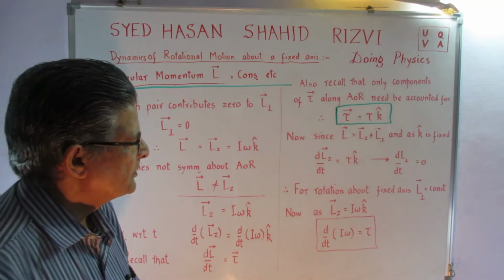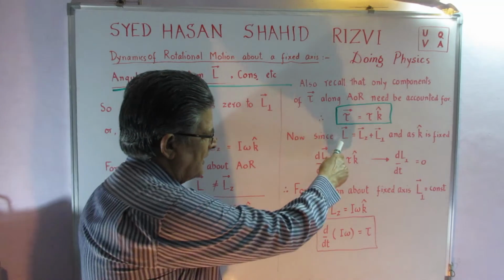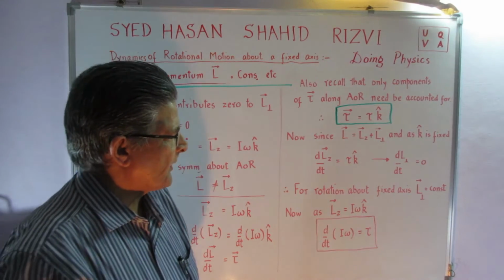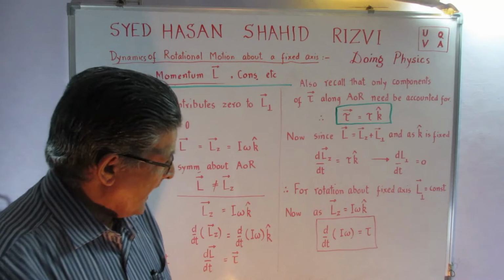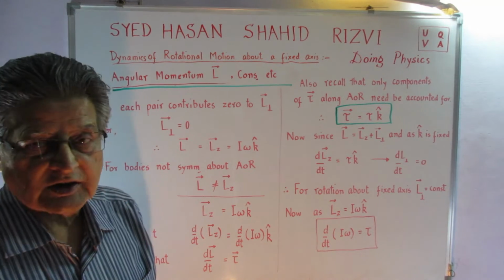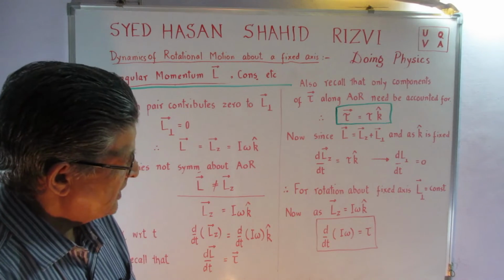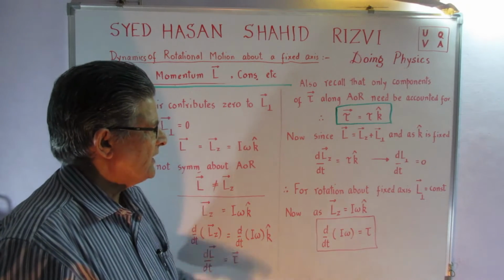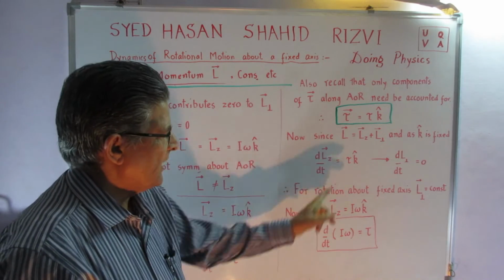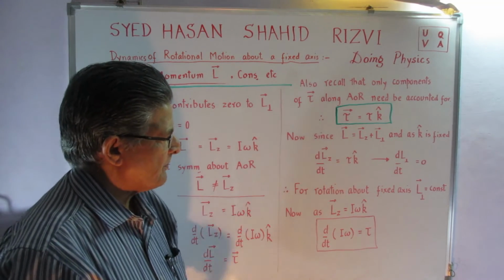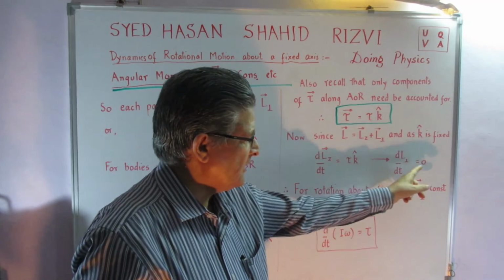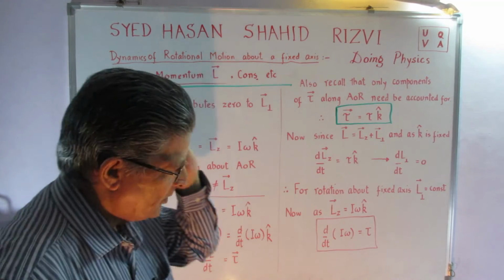Now, there was a definition that L is equal to Lz plus L perpendicular, and as k is fixed, the direction of k is the z-axis, it cannot change, it is invariant, so I can just write that dLz/dt is equal to torque into k cap, and dL perpendicular/dt is equal to 0.